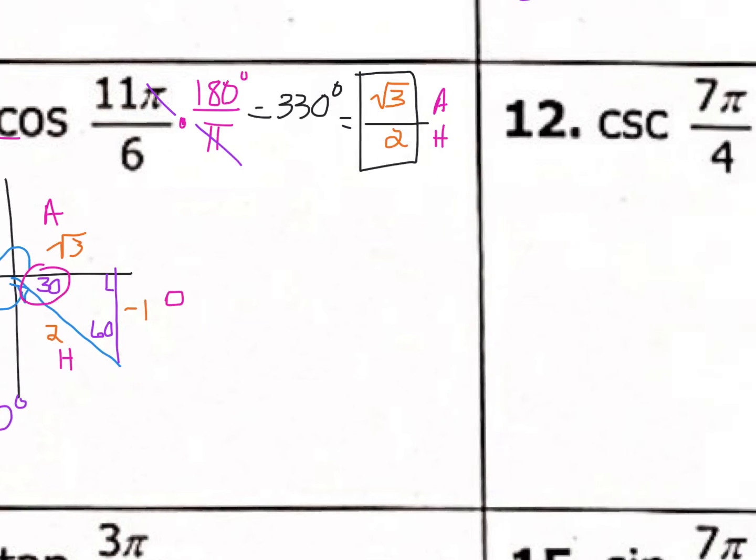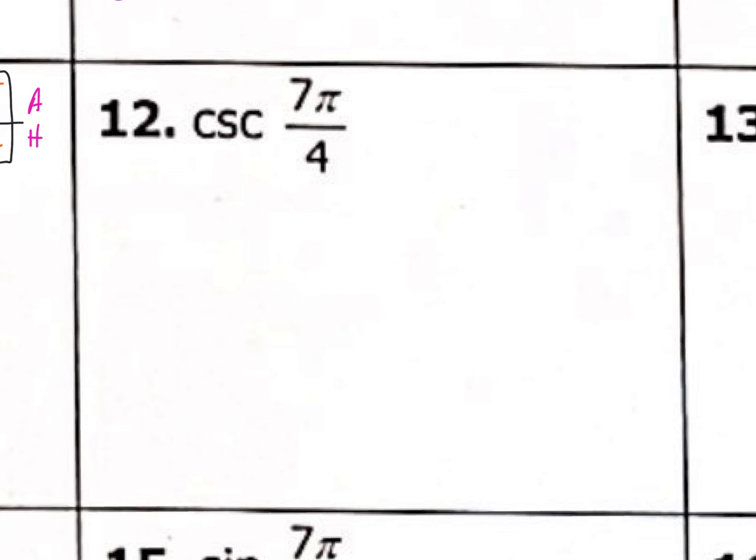All right, then number 12, don't worry that it's cosecant. Your first job is to convert. So convert 7 pi over 4, multiply it by 180 degrees over pi. Let your calculator do the work. And so 7 times 180 and then divided by 4 is going to give you 315 degrees.